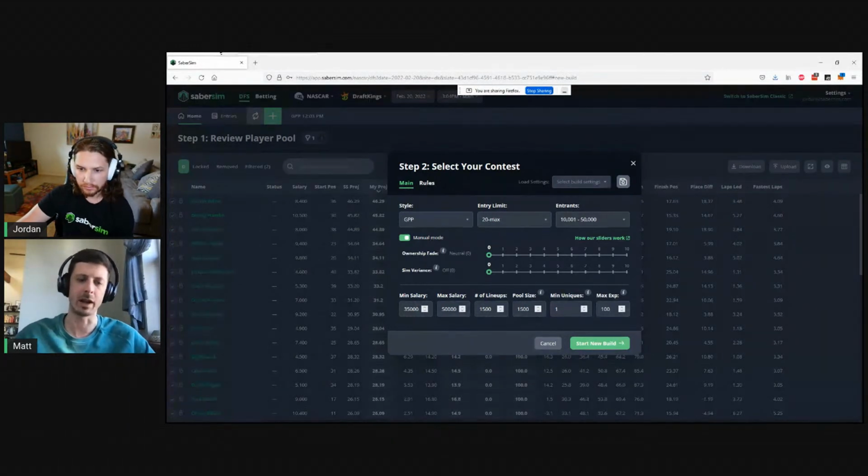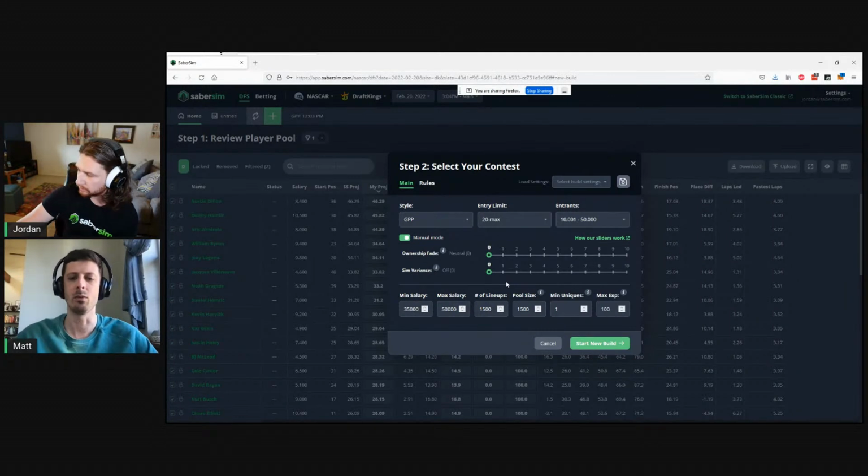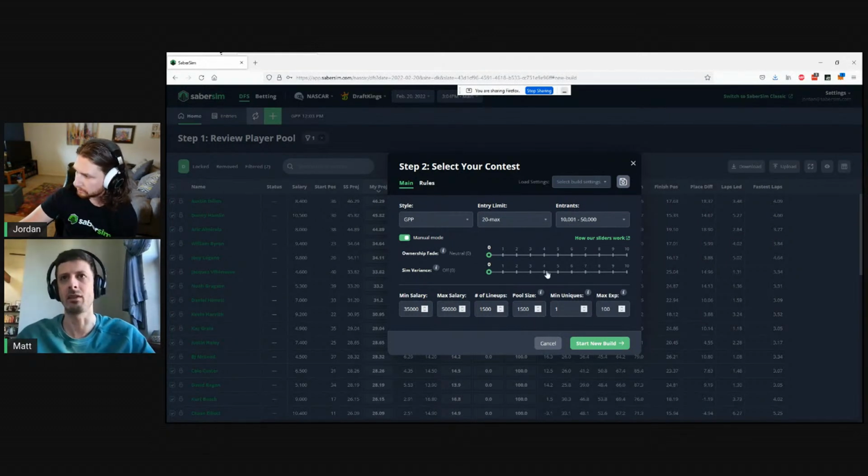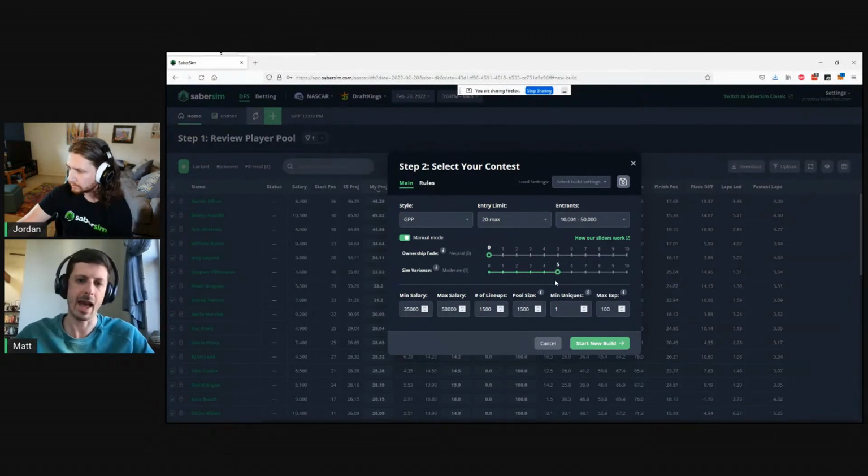So the first lineup will be the optimal based on the projections, the second will be the second most optimal, and so on. If you have it somewhere in between, then each lineup will randomly sample maybe 20 or 50 simulations of the race and average those, so each lineup is going to be slightly different based on how the variance goes in that bin of simulations.